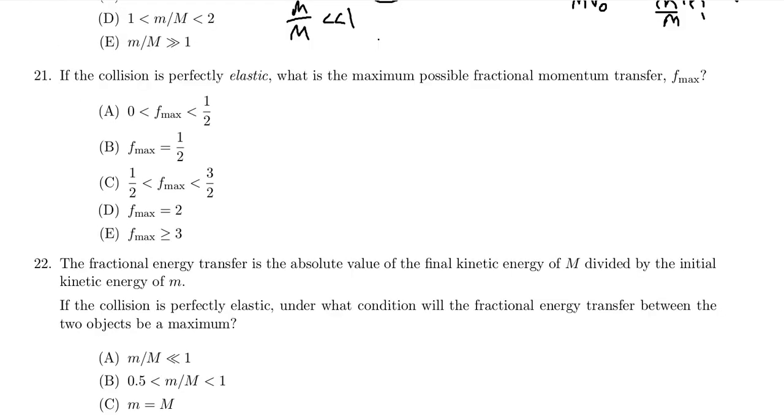Next, we want to consider if the collision is perfectly elastic, which means that kinetic energy is conserved. Then we want to find what the maximum possible fractional momentum transfer is.